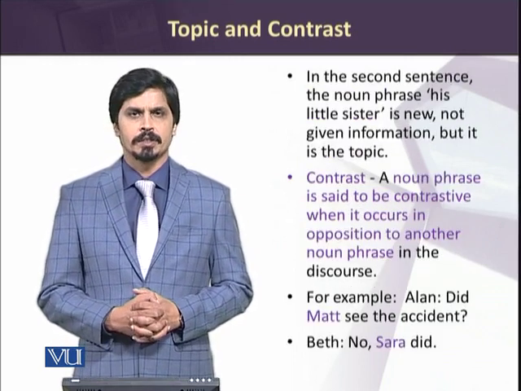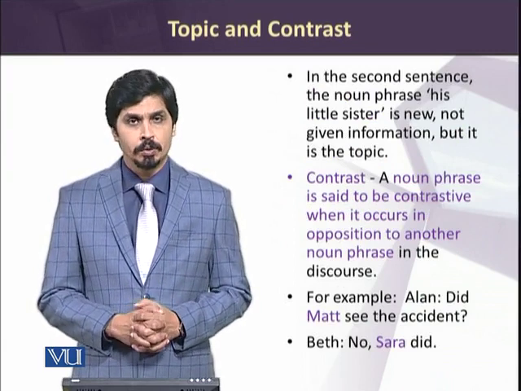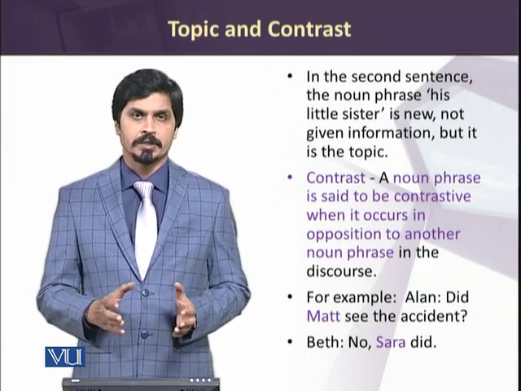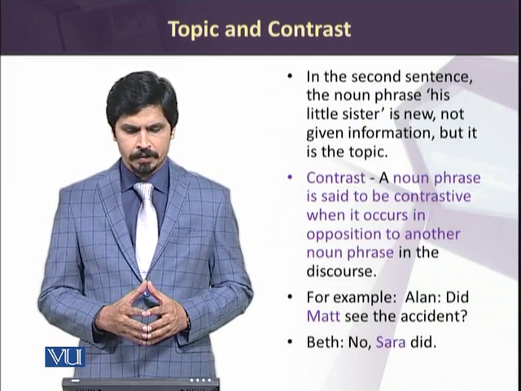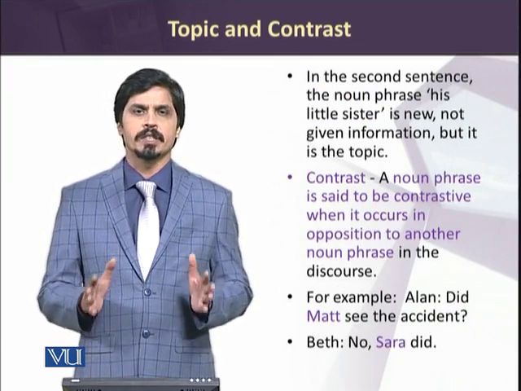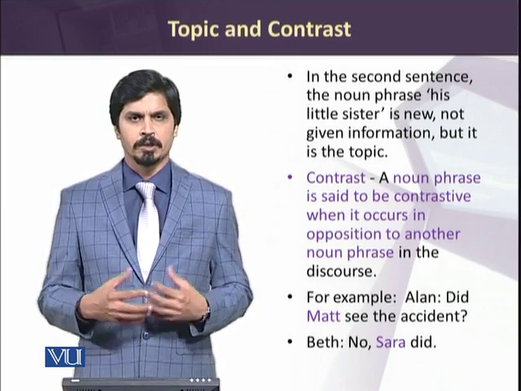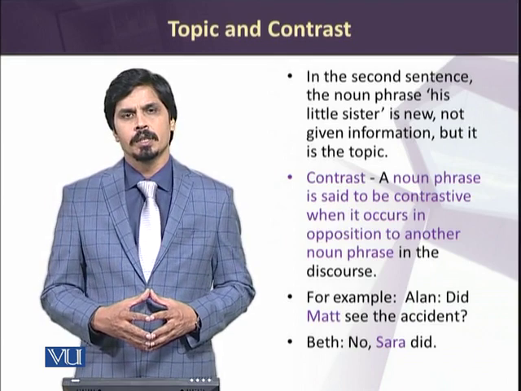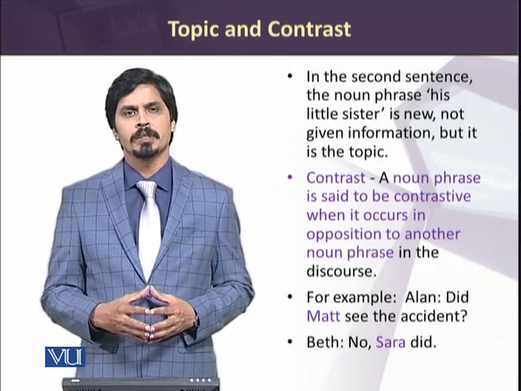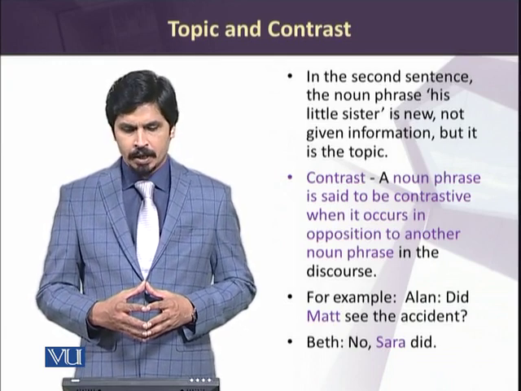In this sentence, we can see the noun phrase his little sister is new, but it's still the topic of the sentence. It's not necessary, as I said earlier, that it's the given information which would always be the topic. Sometimes new information which becomes prominent may turn into the topic of a sentence.